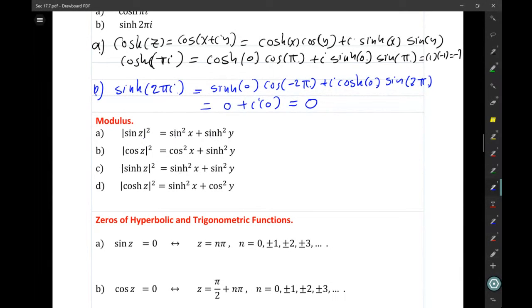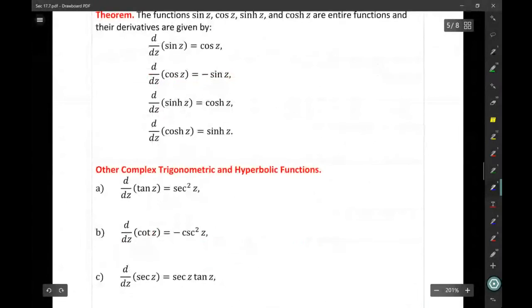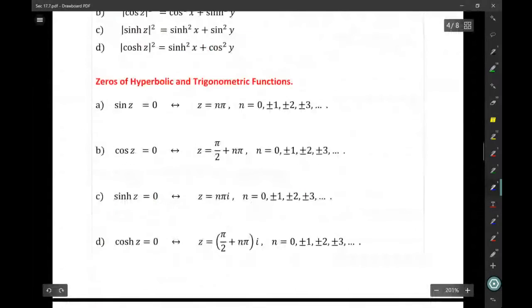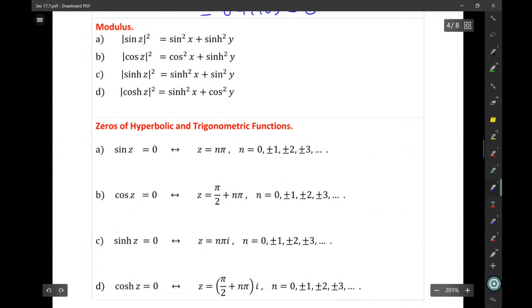Now, let us discuss this one in detail. We just have one or two ideas left over. Sin z is equal to 0 when z is equal to n pi.